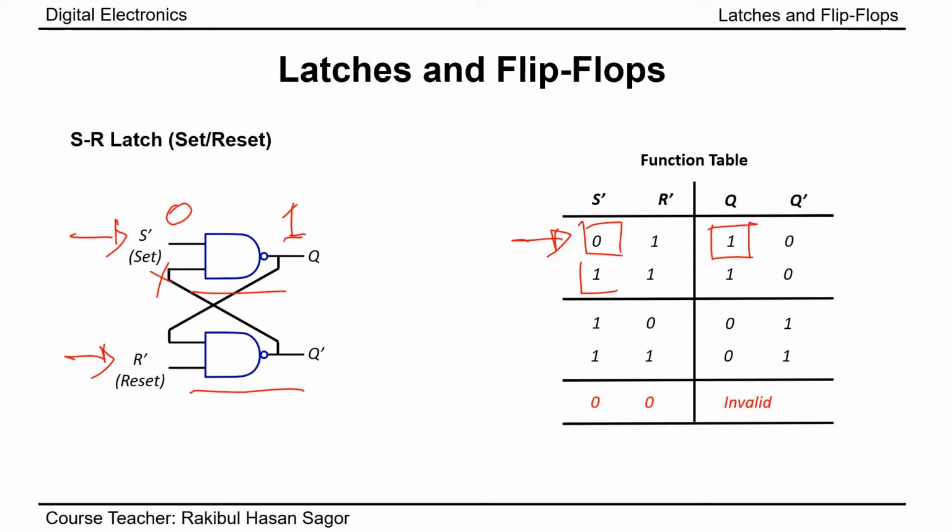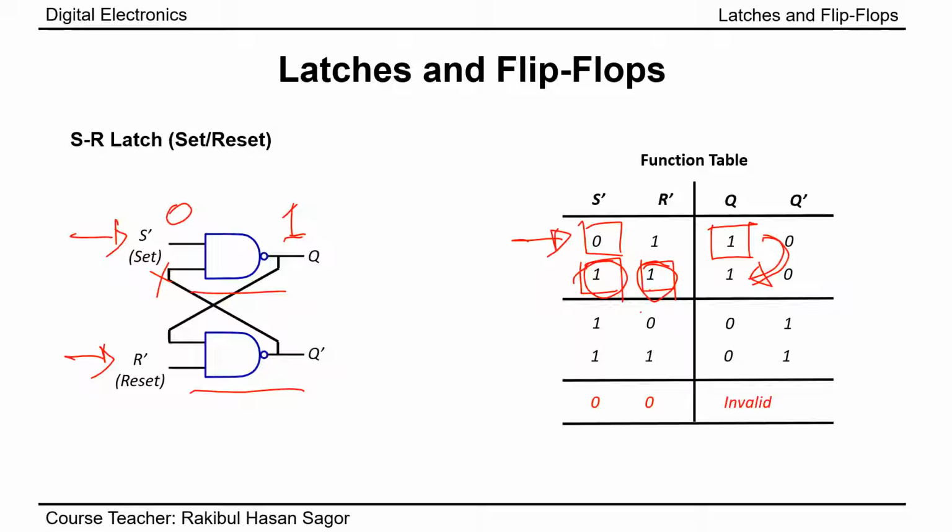When S prime equal to 1 and R prime equal to 1, that means S equal to 0, R equal to 0, and this will hold the previous data. The previous value of Q was 1. After giving S prime equal to 1 and R prime equal to 1, I'm getting the same value of Q. That means it's holding the previous data.